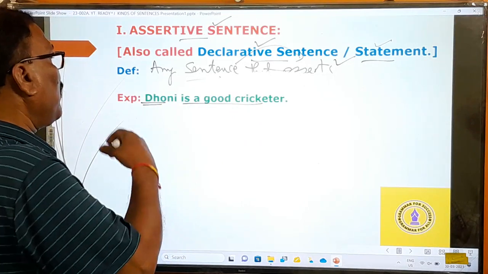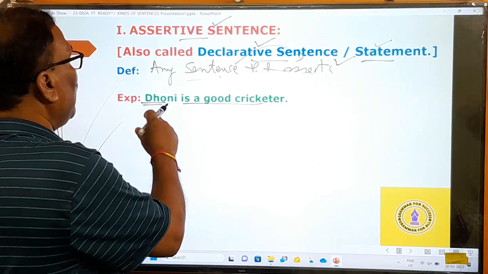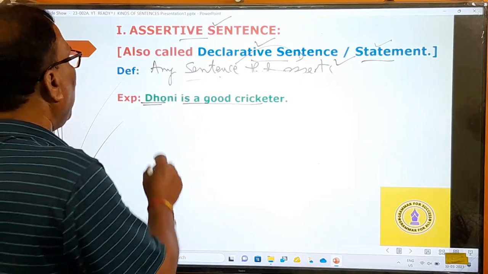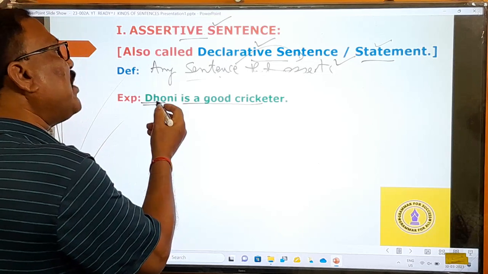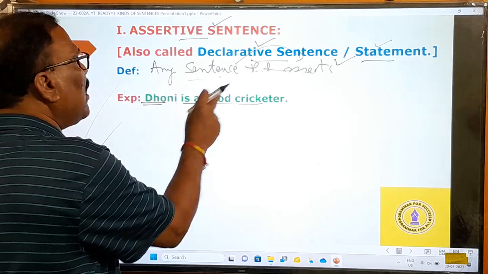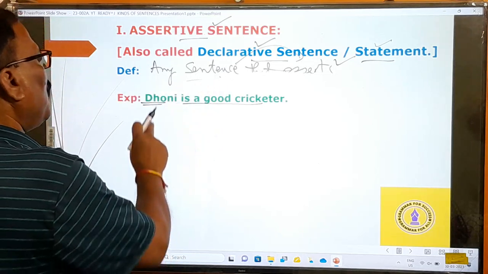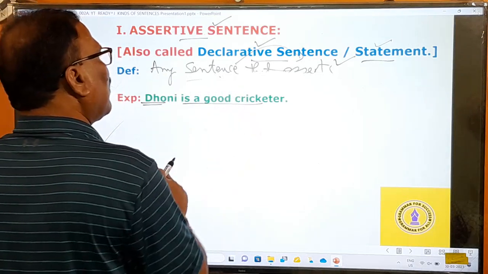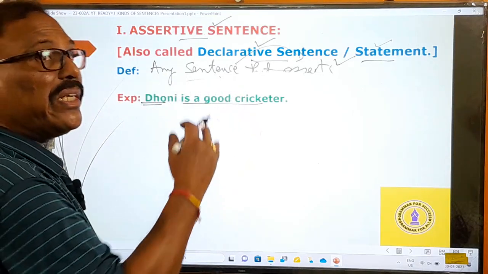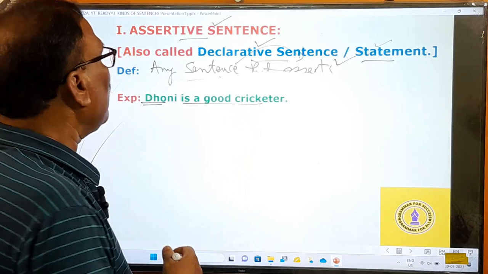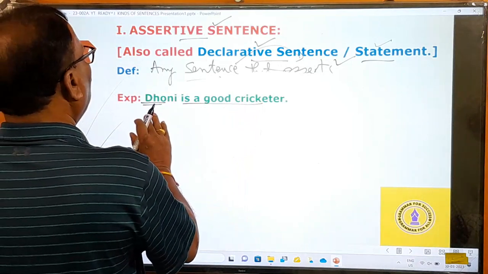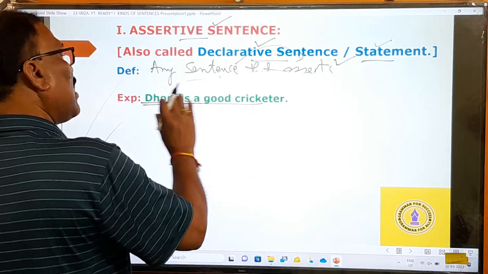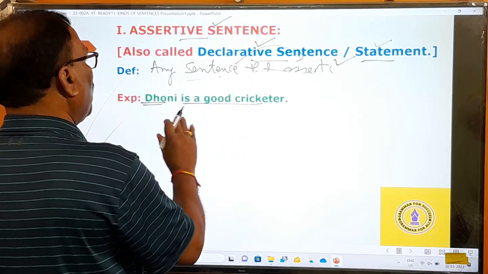If you think you are declaring, Dhoni is a good cricketer. And if you think you are stating that Dhoni is a good cricketer. So whatever you call it, Dhoni is a good cricketer. You are asserting that Dhoni is a good cricketer.